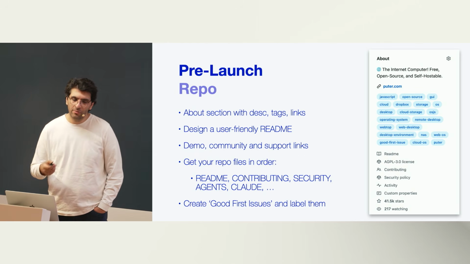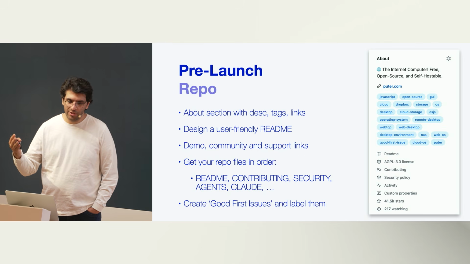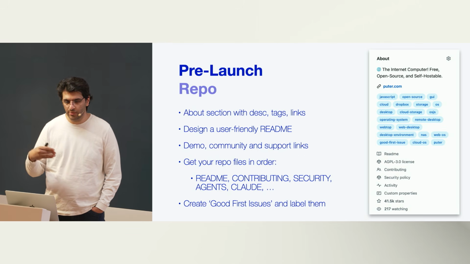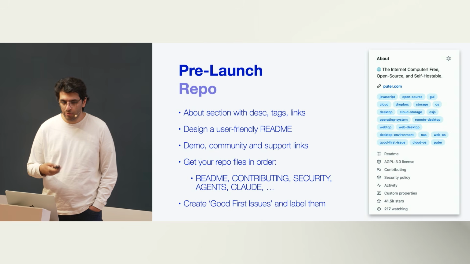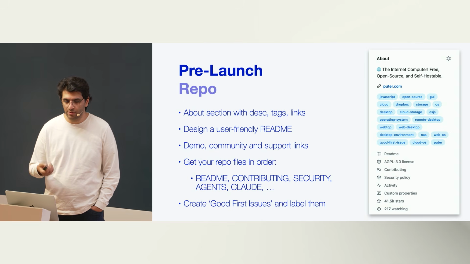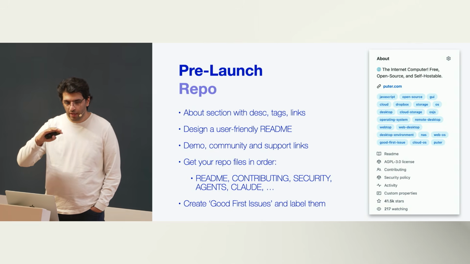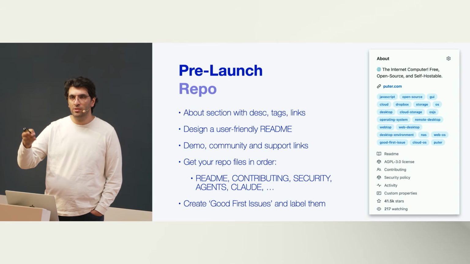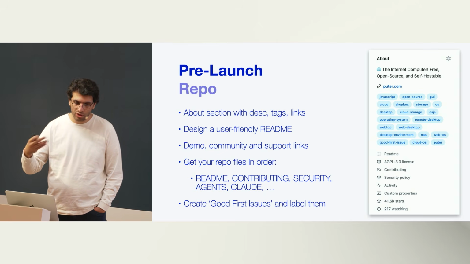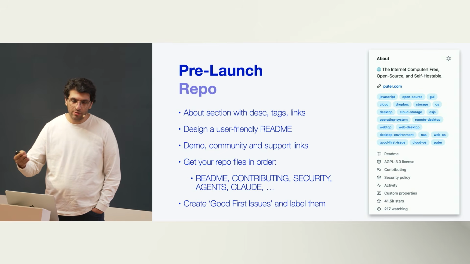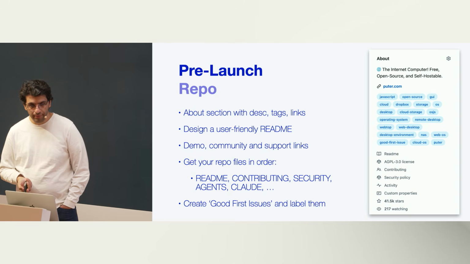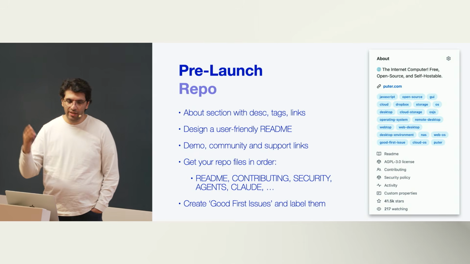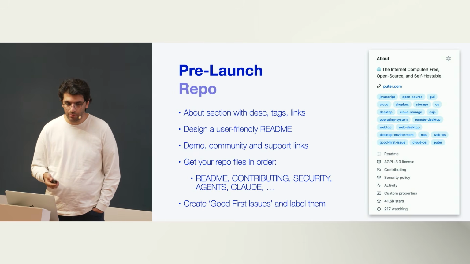The README discussion is pretty long and very project specific, but you want it to be well designed and show what the project is within a few seconds. That's why you want to have the icon. Ideally, if it's an end user application or an application with a GUI or any sort of demo, have a screenshot right at the top so that people can immediately see what they're getting into.